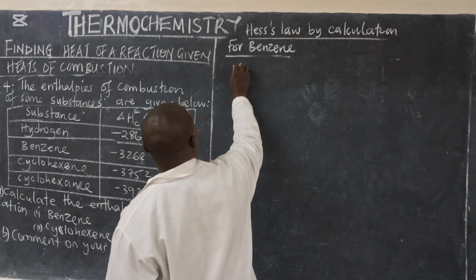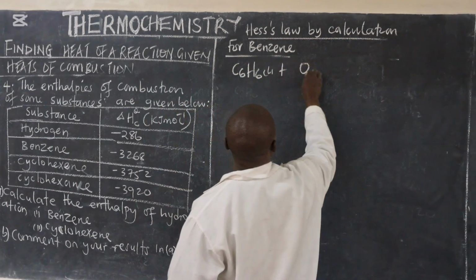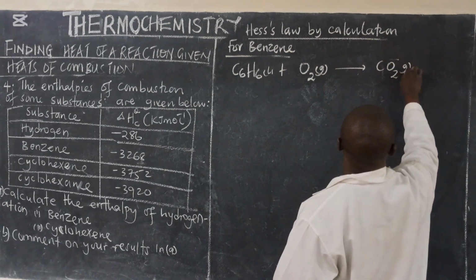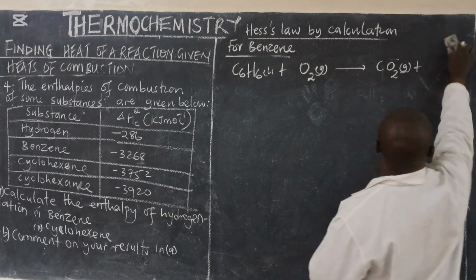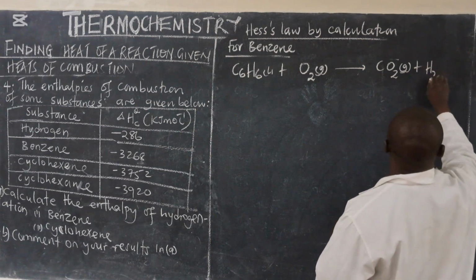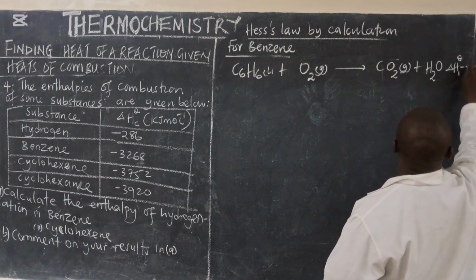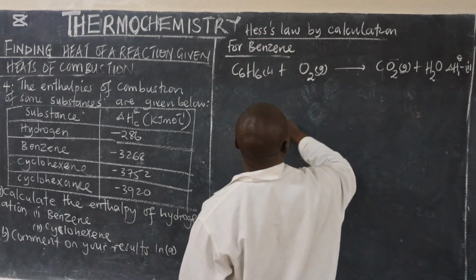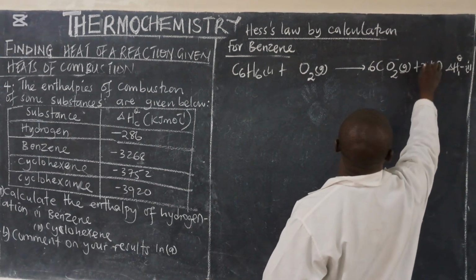So benzene is burnt by this equation. When we burn benzene, which is a liquid, we get carbon dioxide plus water. We can call this heat 1 and even call it equation 1 here. Then we balance it. Carbon is 6, hydrogen needs a 3.